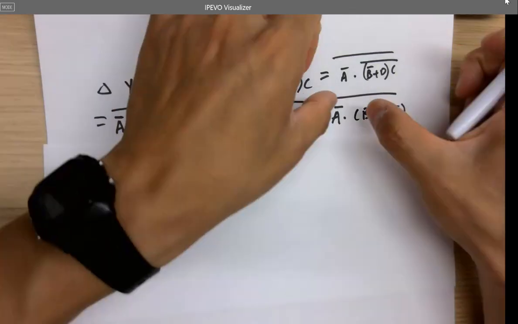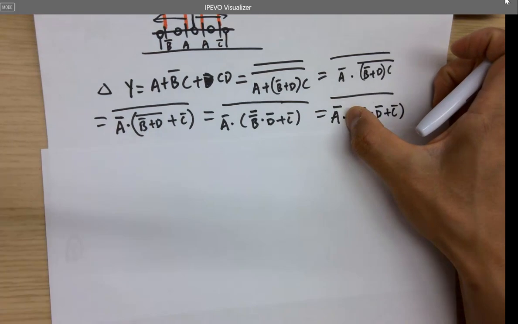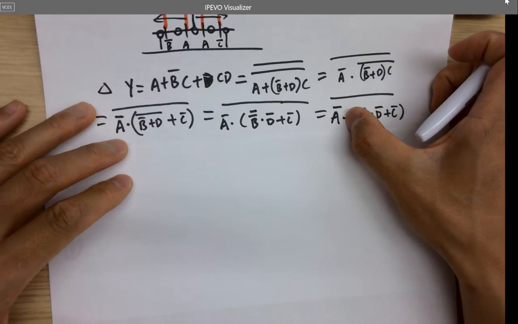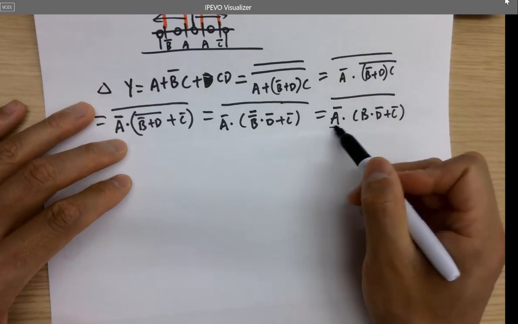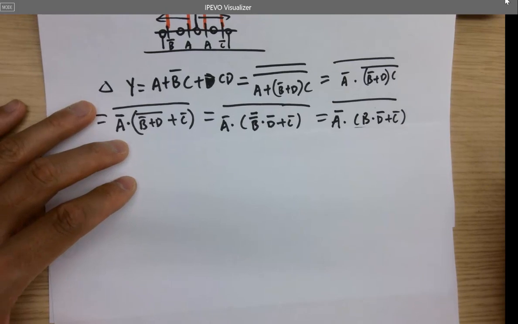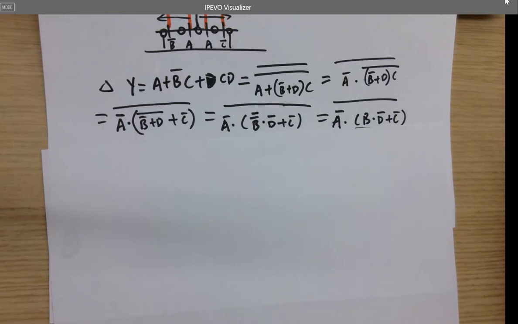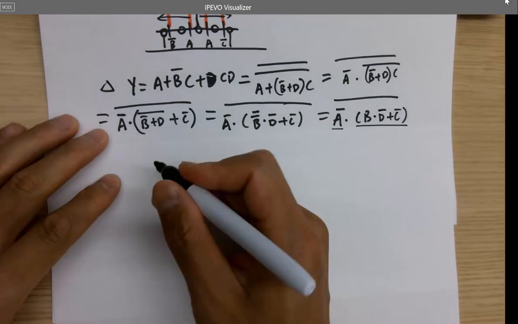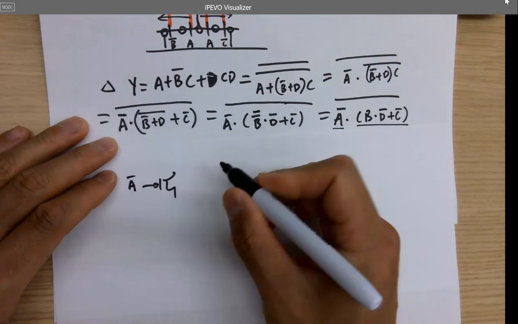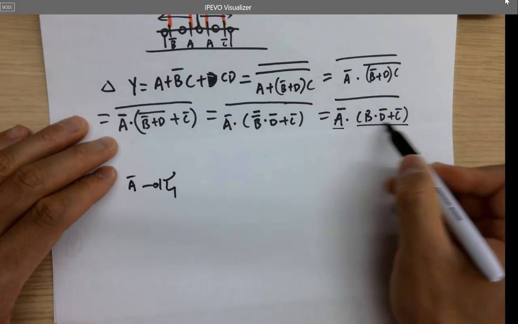So overall, it is unlogic, which means the PMOS on the top should be in parallel, right? Is that correct? Yeah, it's a NAND gate, right? So you have one for A naught and something for all the rest of the logic.